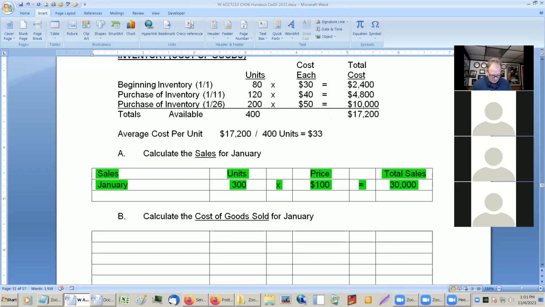That's not a 4. That's a 3. Well, let's try that again. $43. So this will be our average cost.